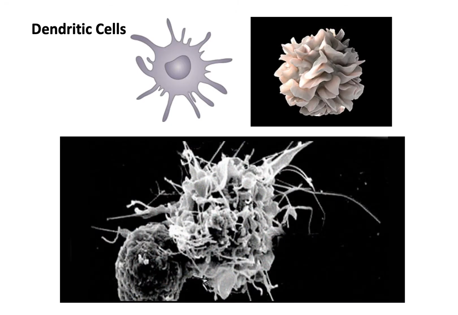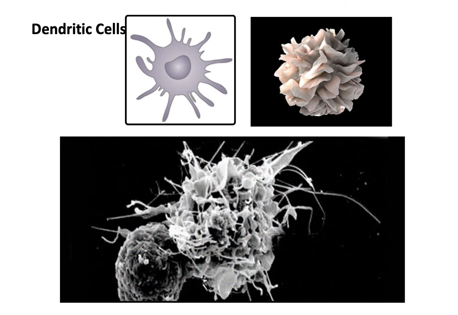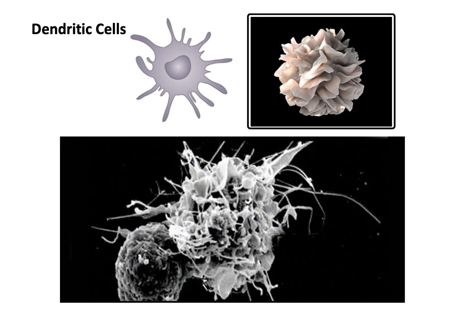So the first cell I want to talk about are these dendritic cells, and they take on several forms, but here's how they look diagrammatically. But in the scanning electron microscope, you can see these many folds and extensions of the membranes.